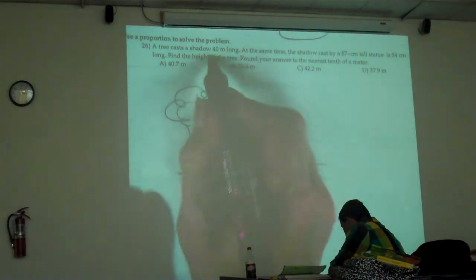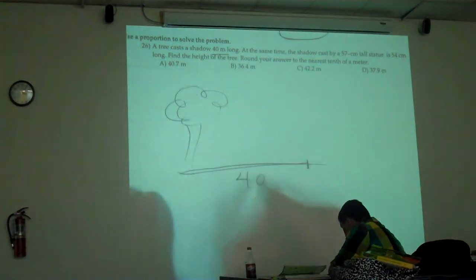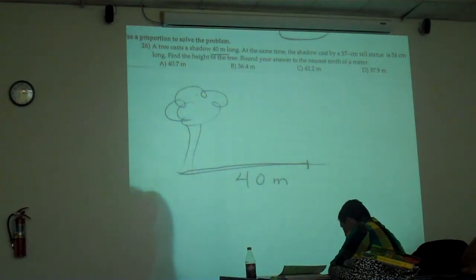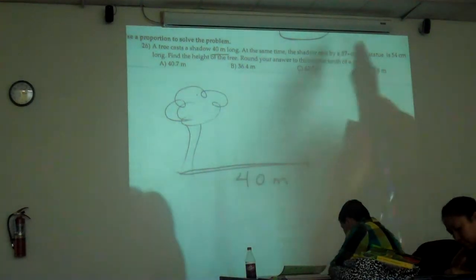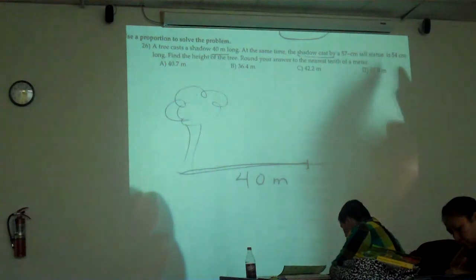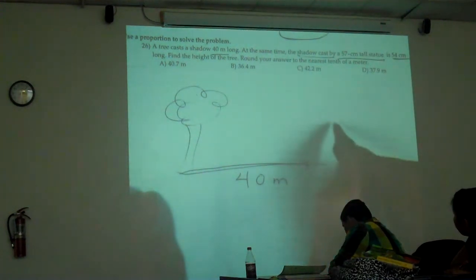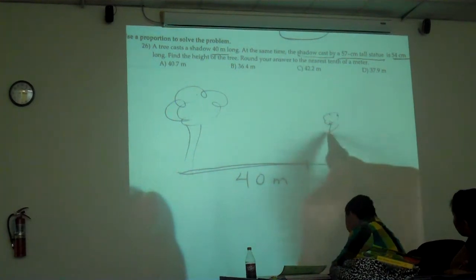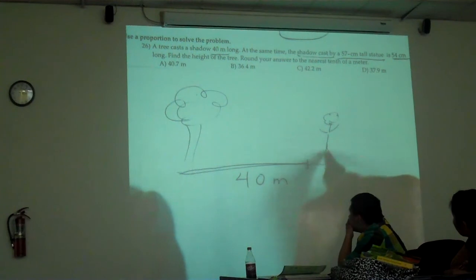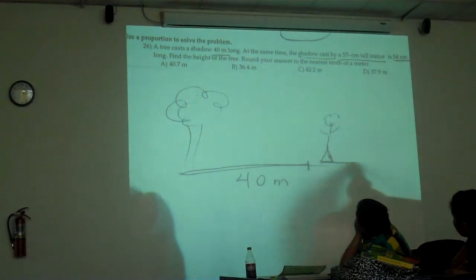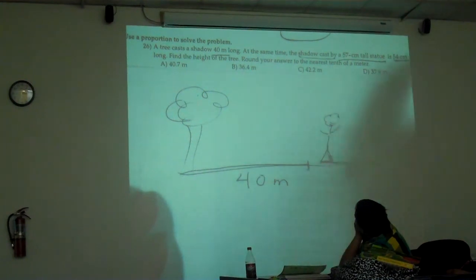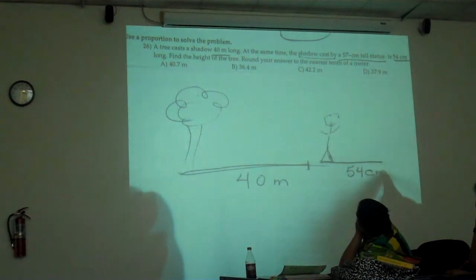The shadow is 40 meters long. At the same time, a shadow cast by a statue is this long. So let's put a statue over here. We have a person with curly hair. That's a beautiful statue. And it's casting a shadow 54 centimeters long.